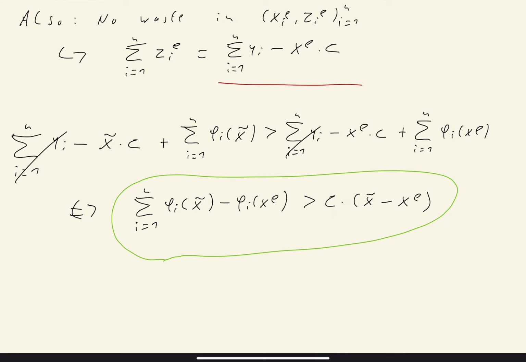So we will consider two steps now. We didn't say anything about whether under this tilde allocation there will be more of the public good compared to the E allocation, or whether there will be less of the public good compared to the E allocation. And for the proof to be complete, we need to consider those two cases.